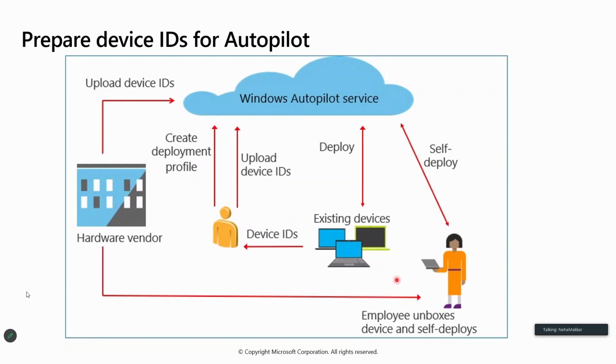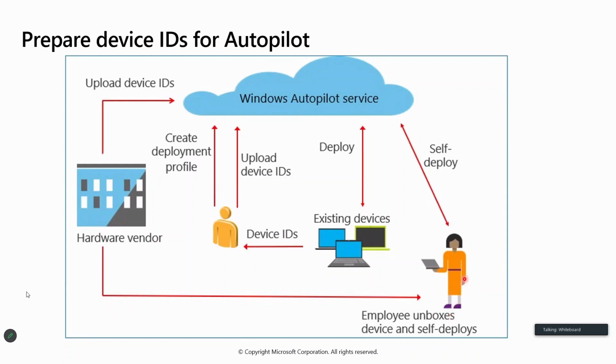So, David, we can apply Autopilot only on the existing devices? If we are purchasing a new laptop, giving that to IT, they have to do the traditional method? No. Here you can see a brand new computer coming from the hardware vendor directly to the employee.